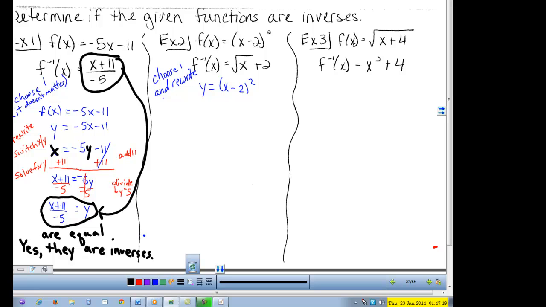Look at example 2. Choose one and rewrite. I will choose y equals x minus 2 squared. Switch x and y and solve for y. The first thing I need to do is take the square root of both sides because x squared and square root are inverses of each other.